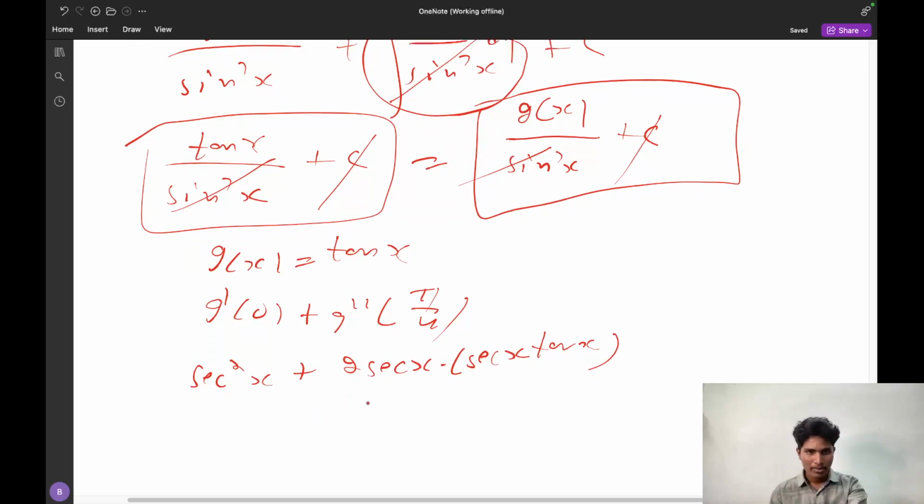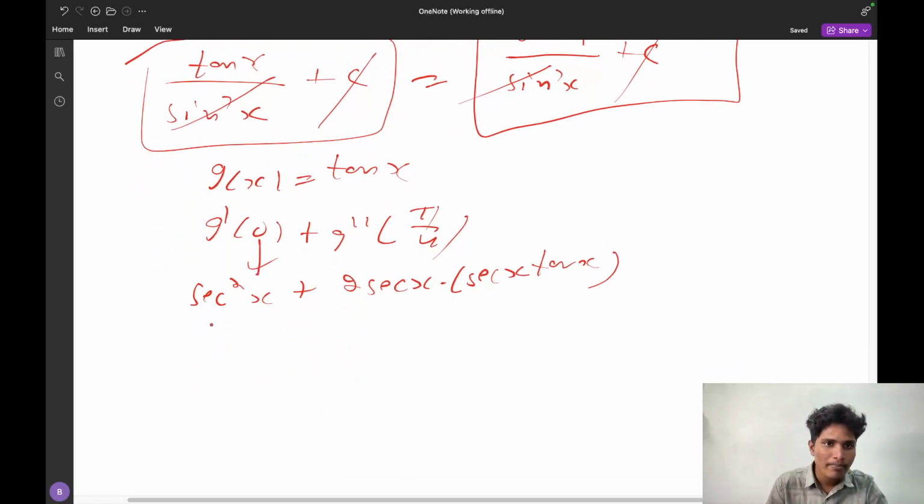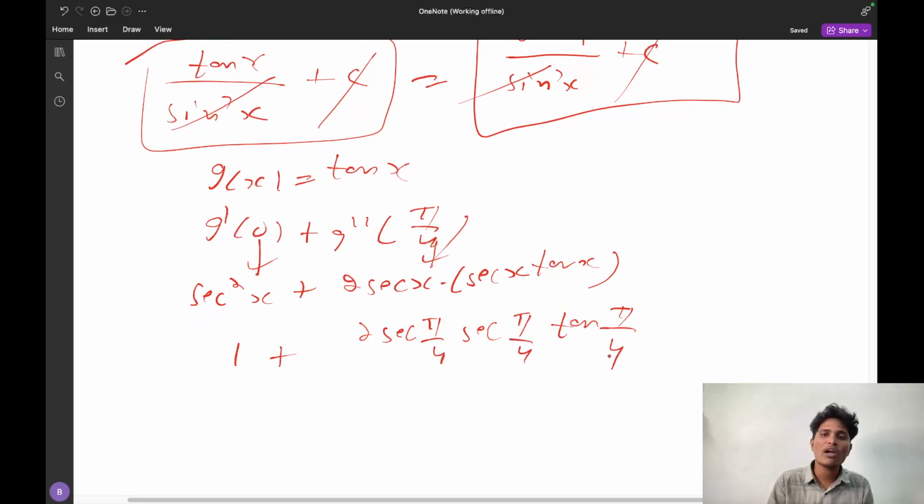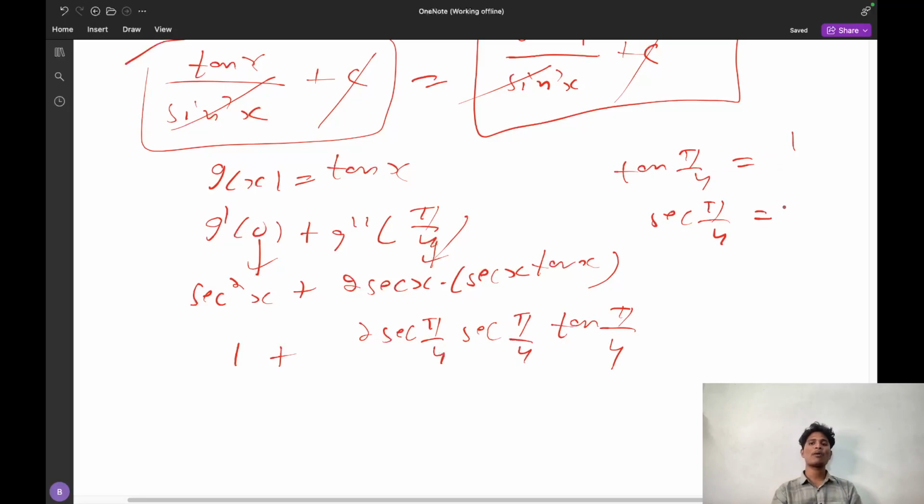We have to substitute 0 and pi by 4 here. Secant square 0 is 1, plus 2 secant pi by 4 into secant pi by 4 into tan pi by 4. We already know the value of tan pi by 4 is 1 and secant pi by 4 is root 2.